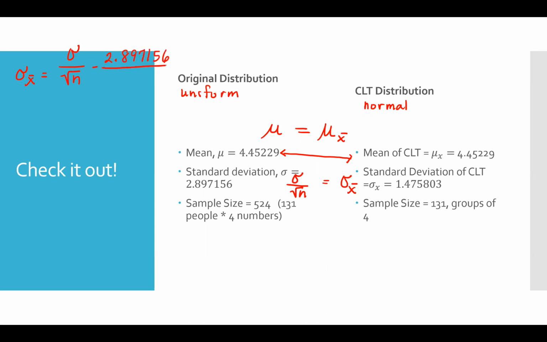2.897156 divided by the square root of 4, because we had groups of 4. So that's 2.897156 divided by 2. And if I get my calculator, we would have 2.897156 divided by 2, which gives me 1.448578.